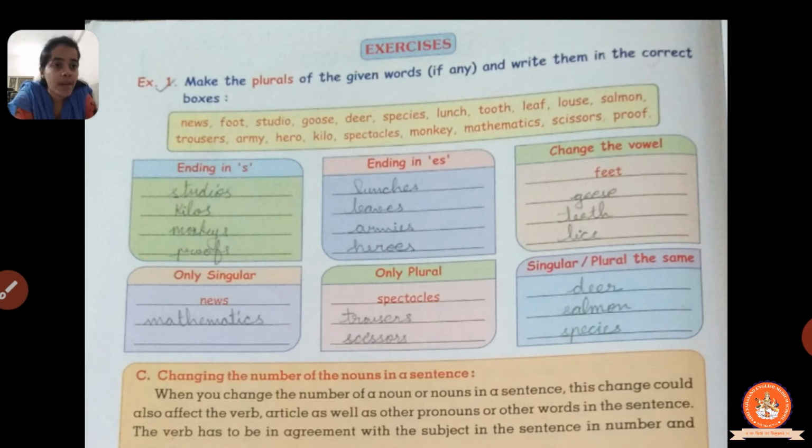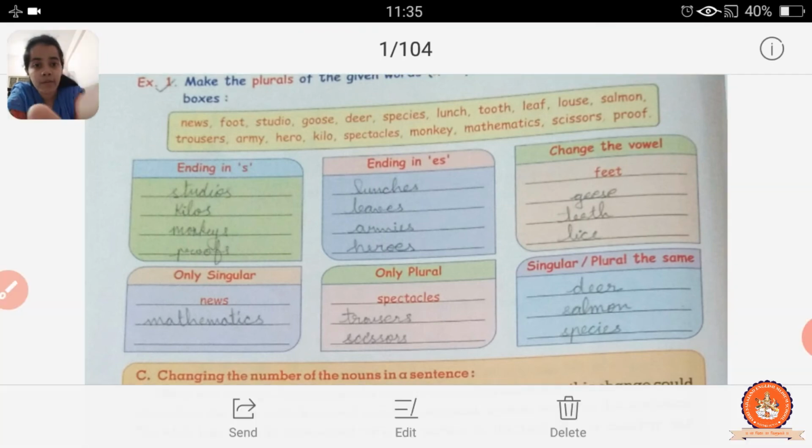Then we have the nouns in which we change the vowel inside. So foot, feet, goose, geese. Then one more, tooth, teeth. Then louse, lice, alright. Now there are some nouns which have only a singular form. We cannot write them in a plural form. So one is given over here.